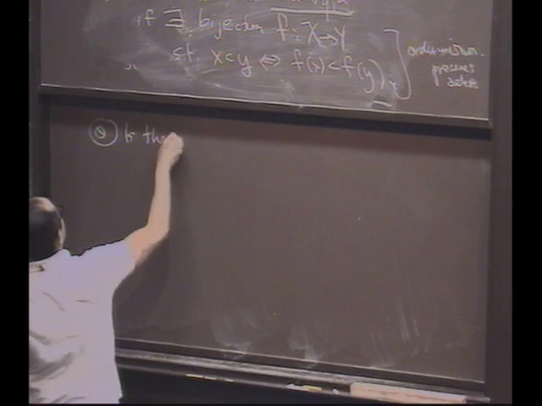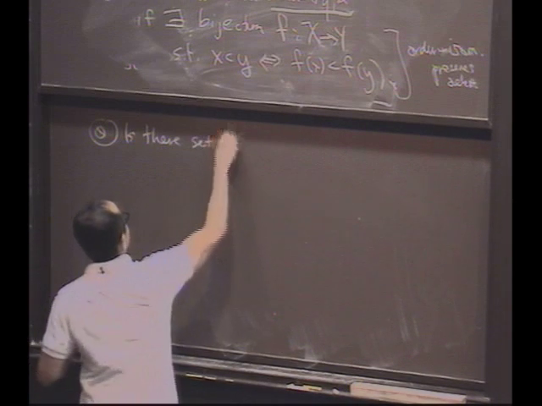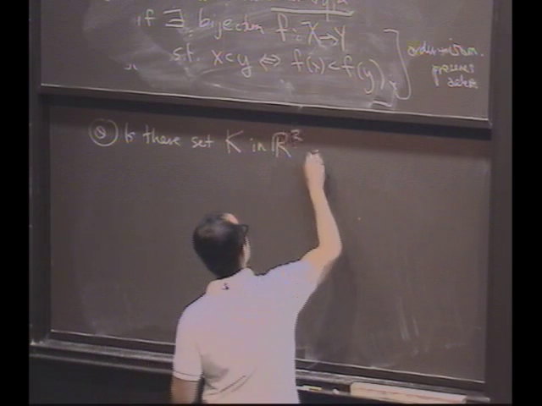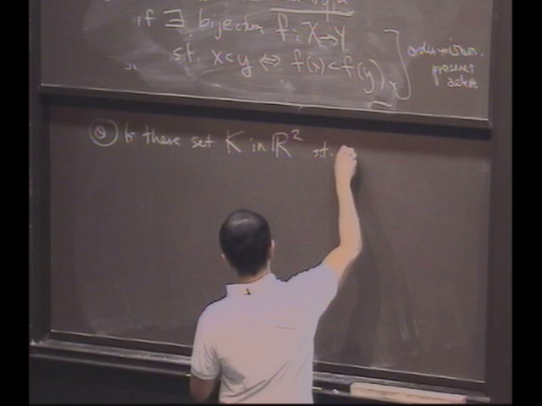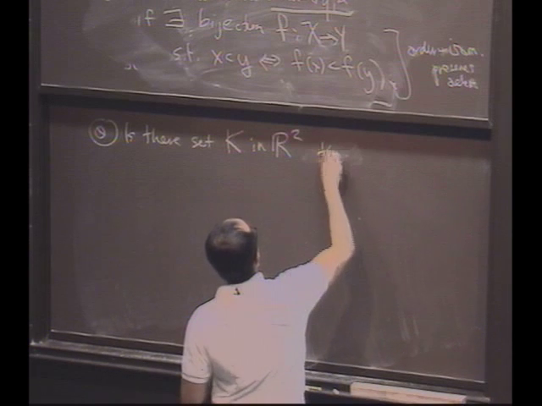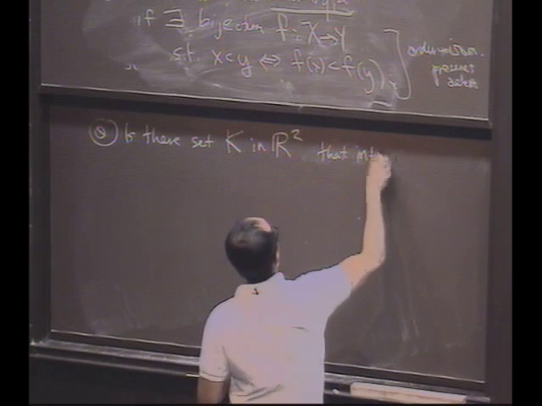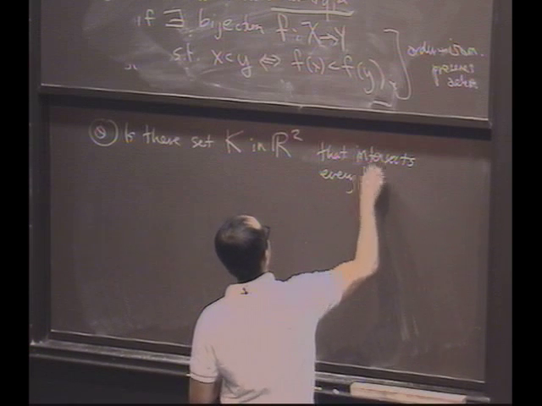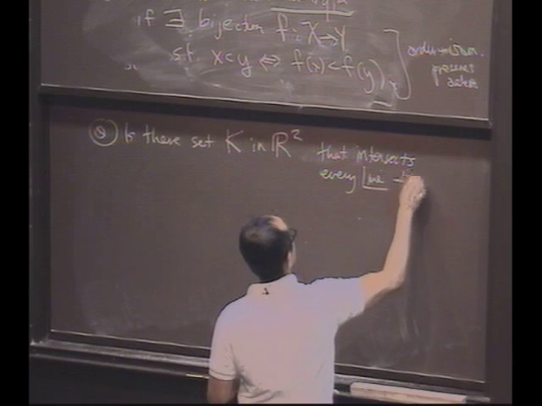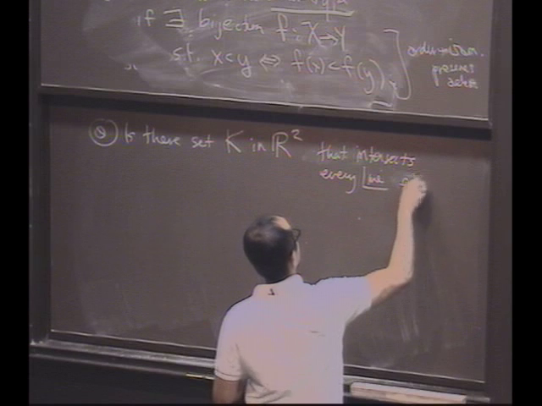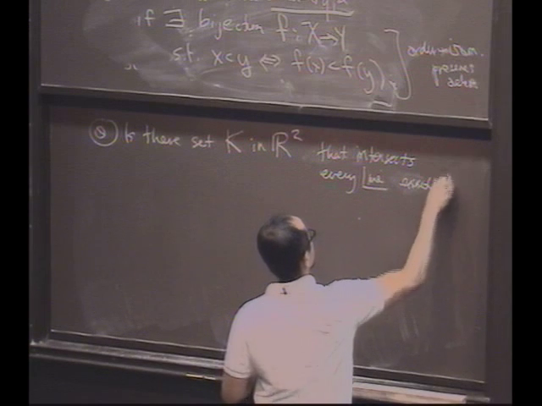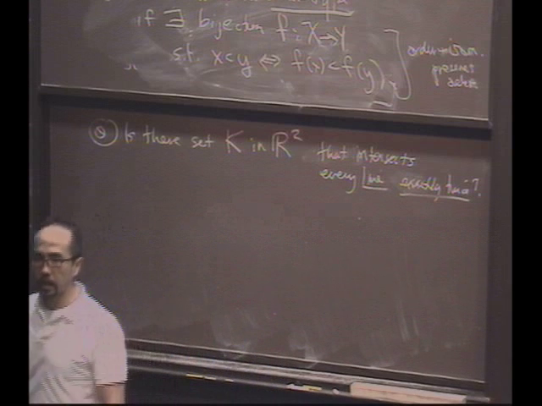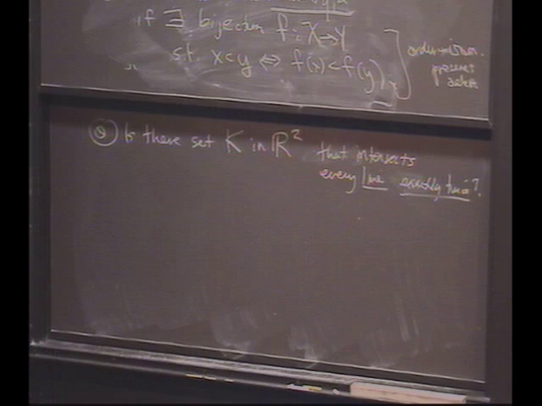Is there a set, let's call it K, in R2, that intersects every line in the plane exactly twice? Is there a set in the plane that intersects every line exactly twice?